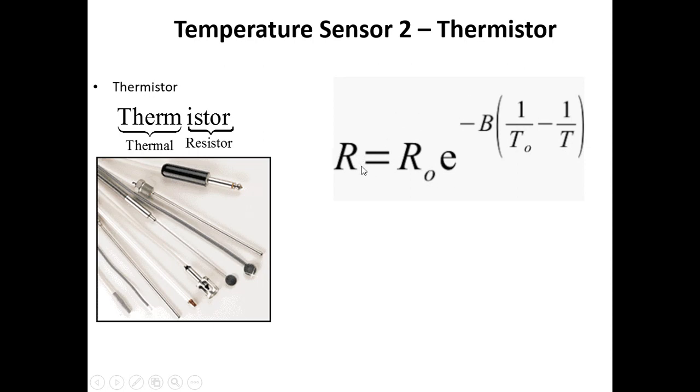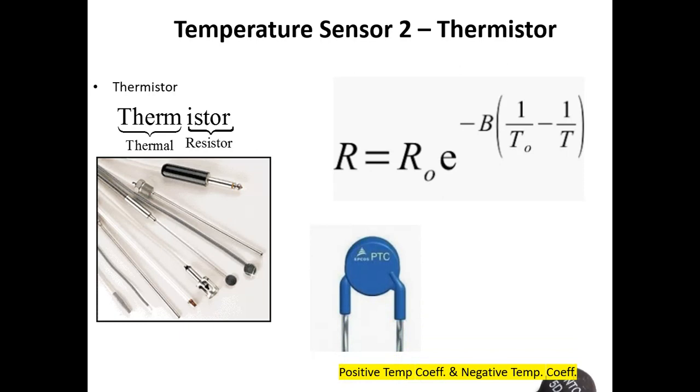The change is going to reflect in the resistance here. Now, depending upon the response, whether they respond positively or negatively, we have two types of sensors available in the market, PTC sensors and NTC sensors: positive temperature coefficient sensors and negative temperature coefficient sensors.